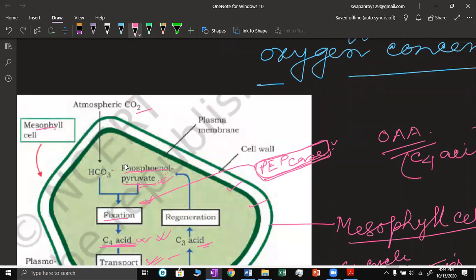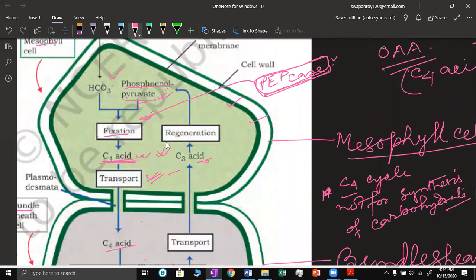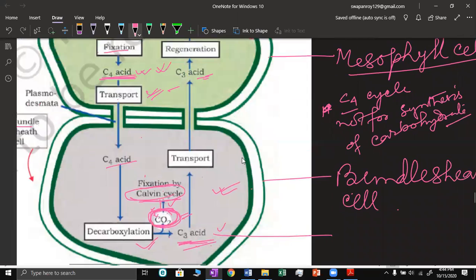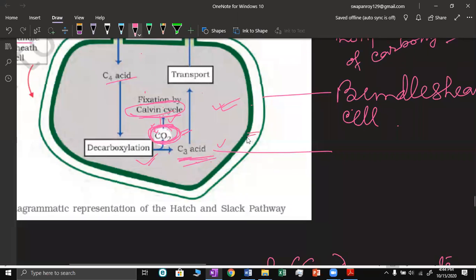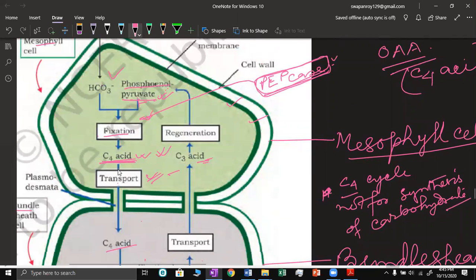Where oxygen is there, this plant has separated it. There has been a barrier between the oxygen and these cells, Calvin cycle. These bundle sheath cells also have a very thick cell wall, and through this cell wall, usually gas etc. is not diffused. Instead, the carbon dioxide is brought here through the cytoplasmic connection, that plasmodesmata.